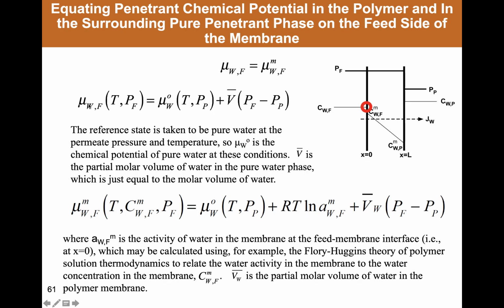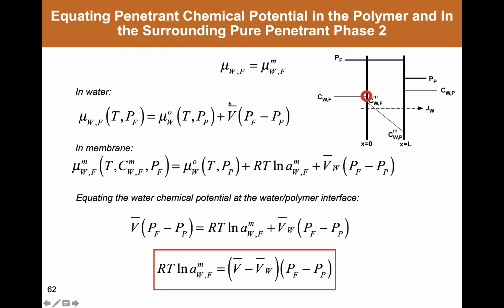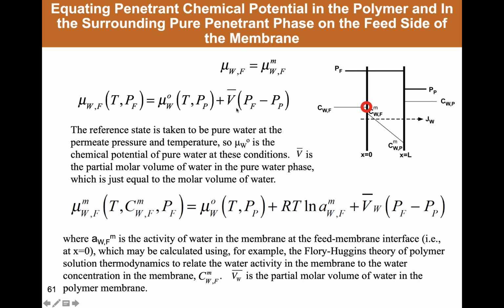And so we write an expression, and I must apologize for the change in nomenclature here. That is inadvertent on my part. We write an expression for the chemical potential of water at the feed side of the membrane, and we write it as the reference chemical potential, which we take to be the chemical potential of water at the permeate pressure, which will typically be ambient, plus the molar volume of water.